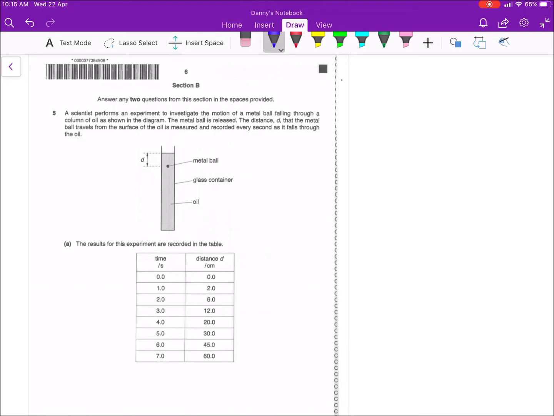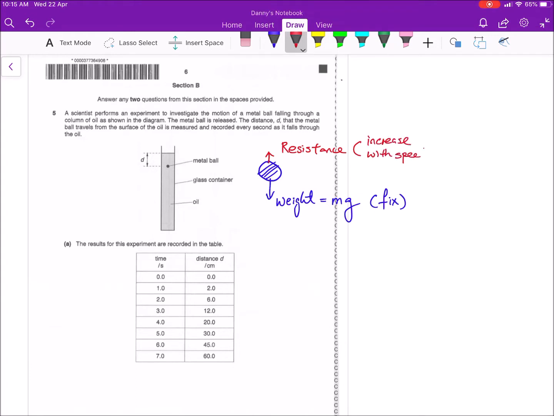So basically, when the metal ball is being dropped through oil, there will be two forces acting on it. One would be the weight, which is fixed because it is equal to the mass times gravity. So this is a fixed downward force. And as it drops, it will speed up, and I would have a resistive force that is acting upward, and this force basically will increase with speed.